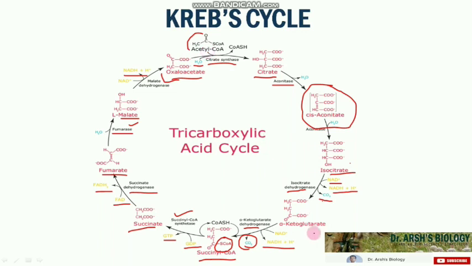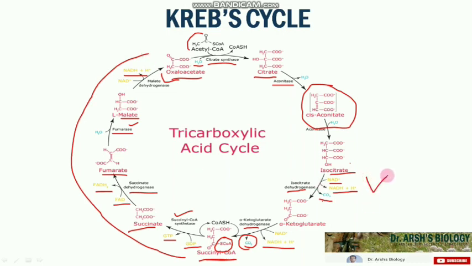Now here we can see that up to the formation of succinyl coenzyme A, the oxidation of glucose is happening, and after that particular step it is just the retrieval of the oxaloacetate.